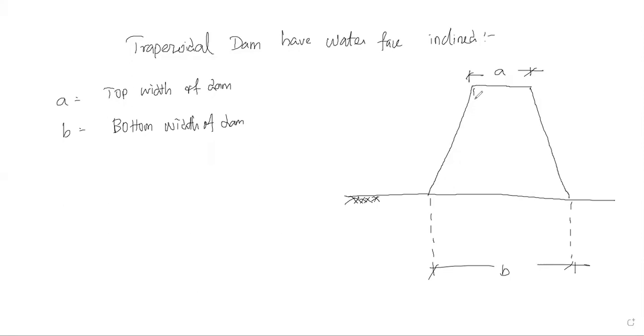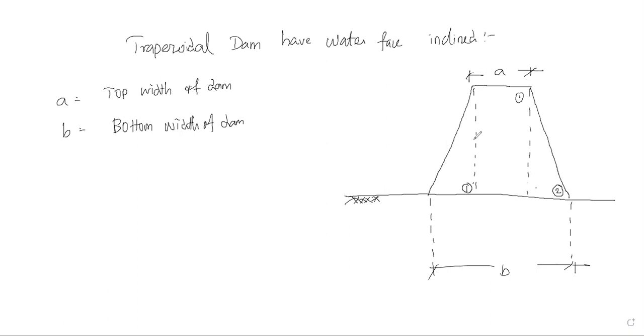Here we can have triangle 1, rectangle 1 and triangle 2. So triangle 1, triangle 2, and one rectangle.